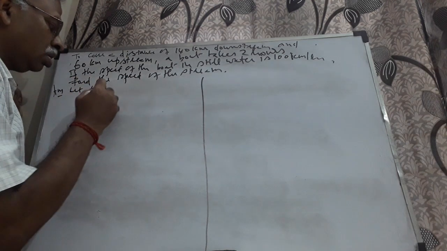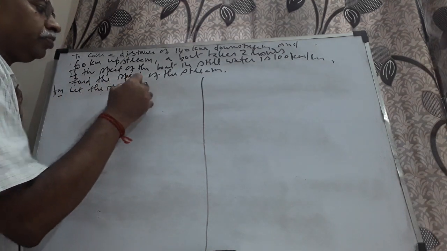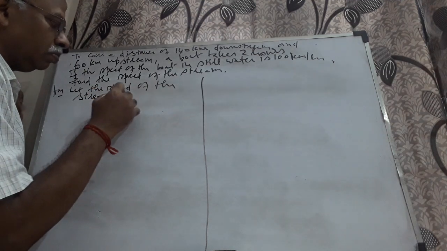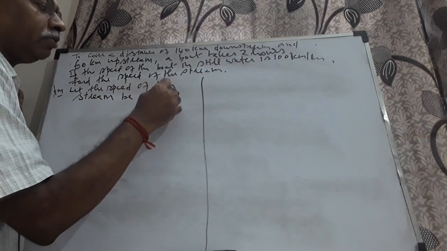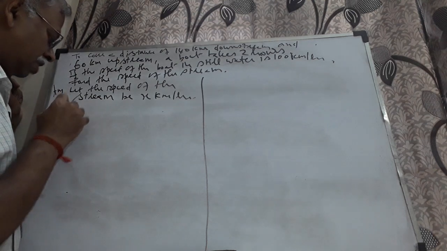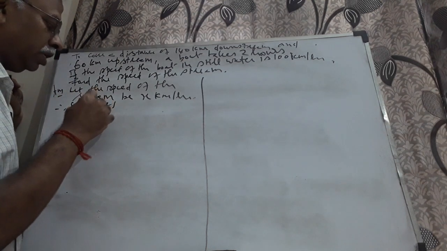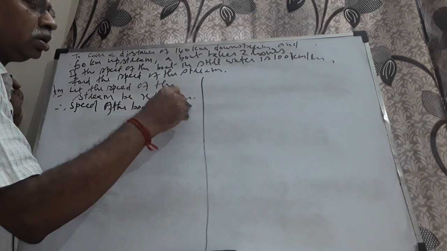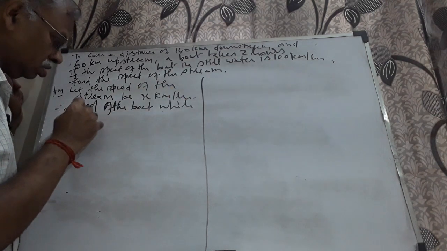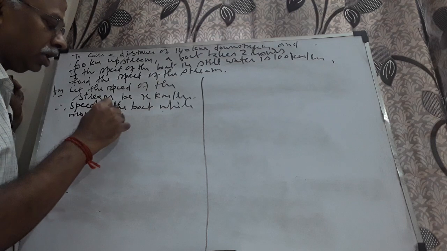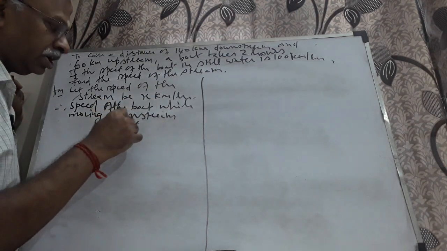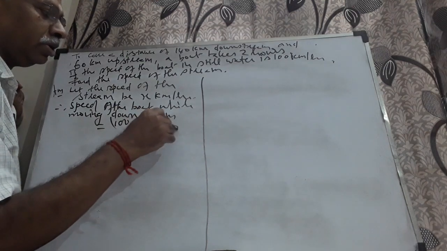Let the speed of the stream be x kilometers per hour. Therefore, speed of the boat while moving downstream is equal to 100 plus x kilometers per hour.